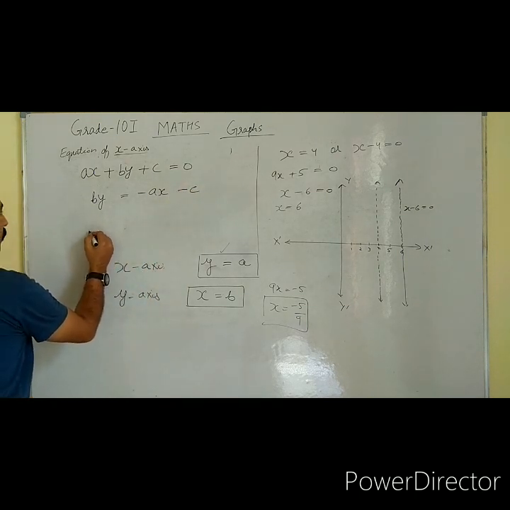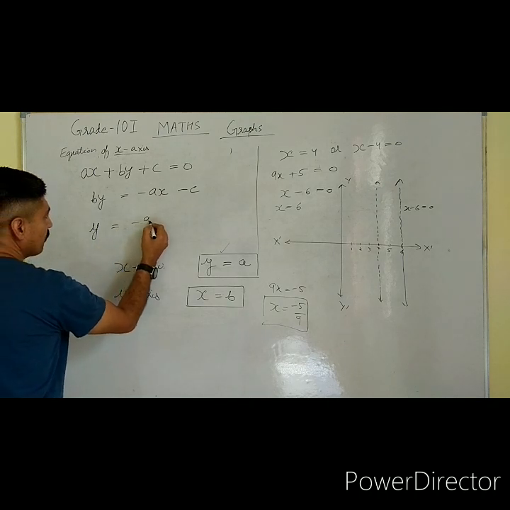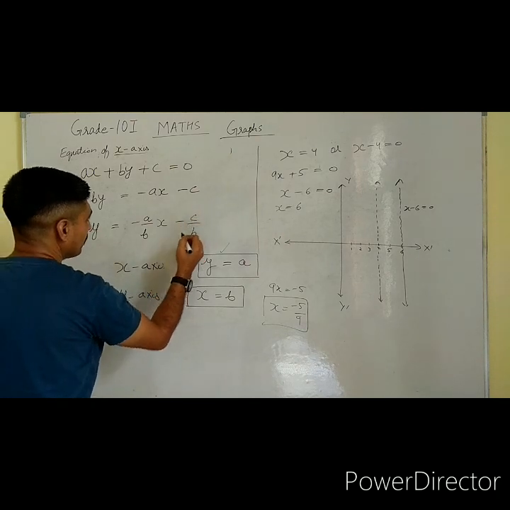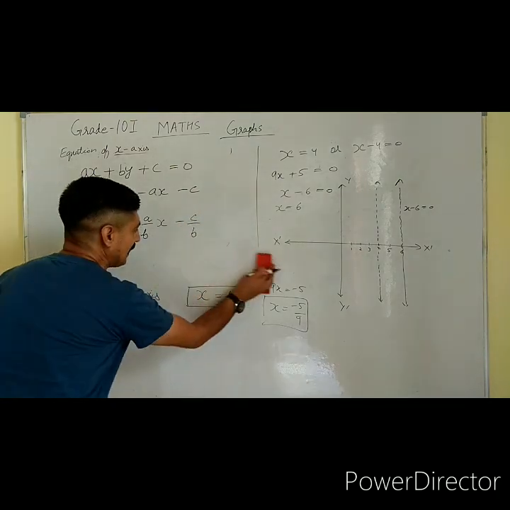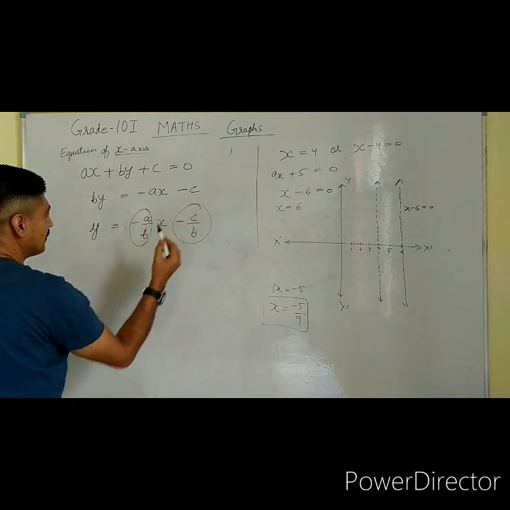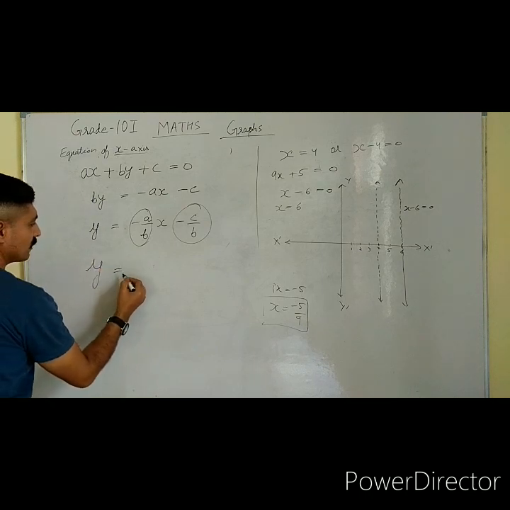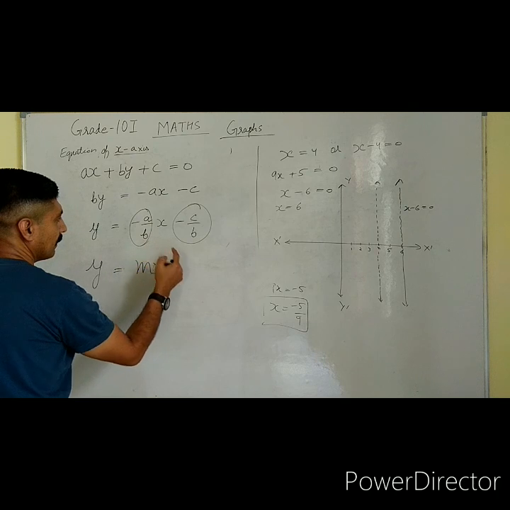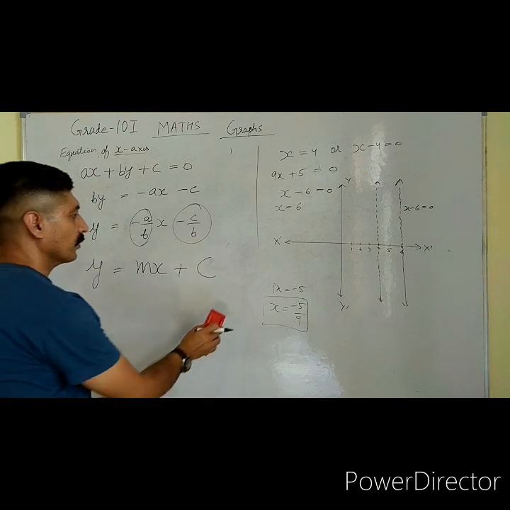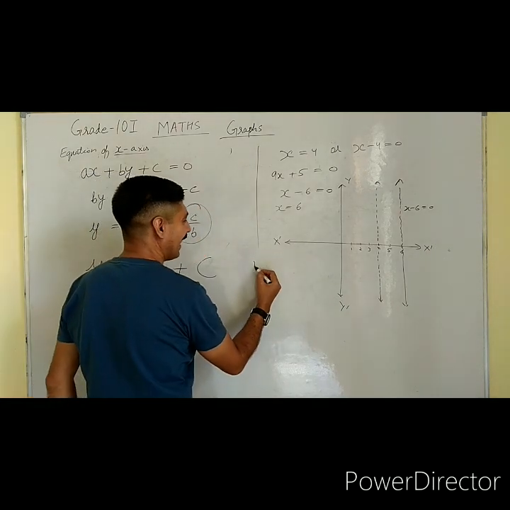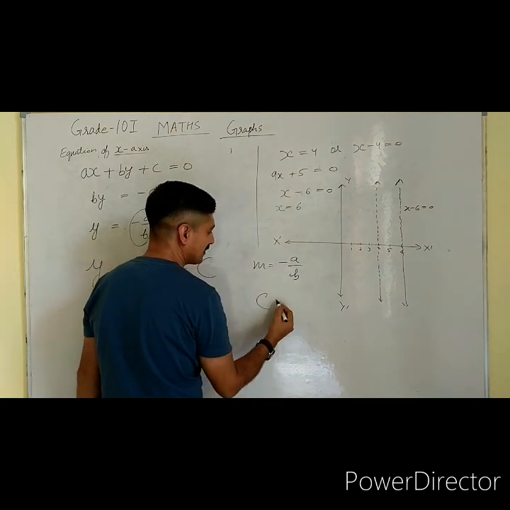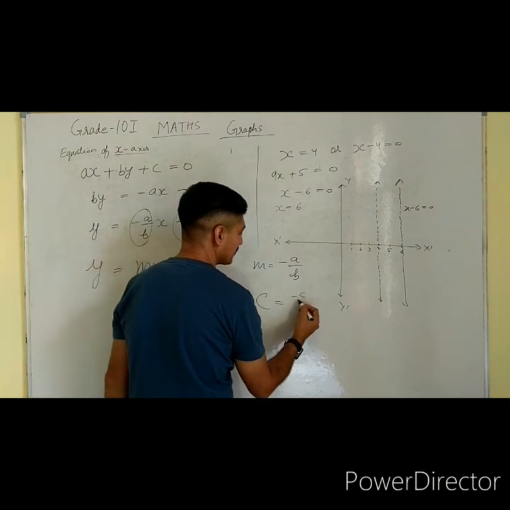Now what is y? y is equal to minus a upon b x minus c upon b. Now if we replace these two values with m and capital C, we write y is equal to mx plus c, where m is equal to minus a upon b, and capital C is minus c upon b.